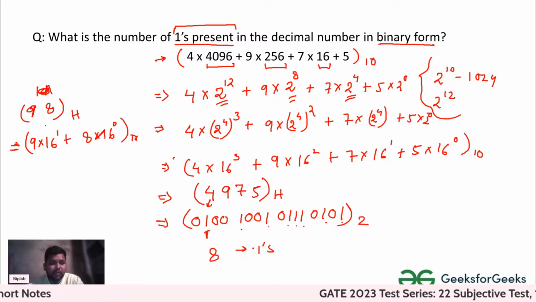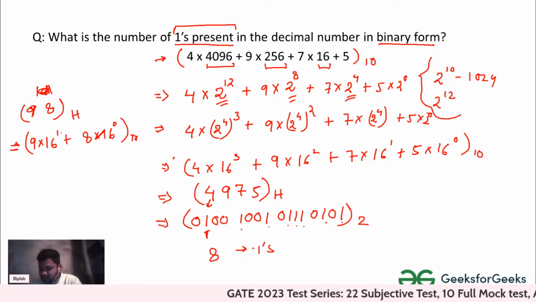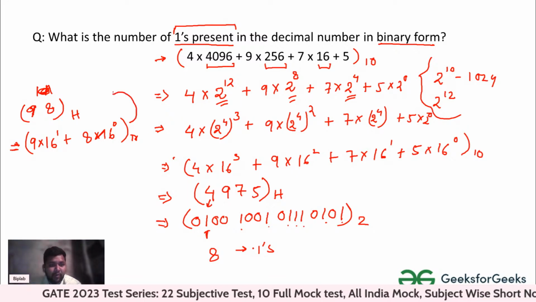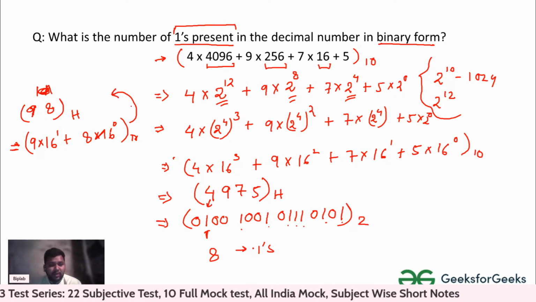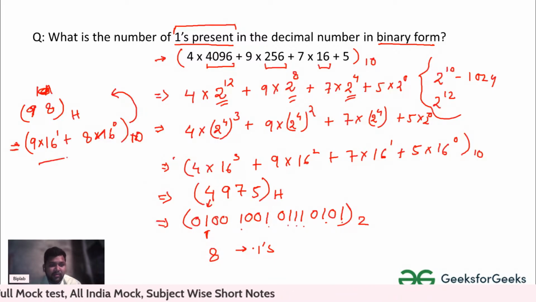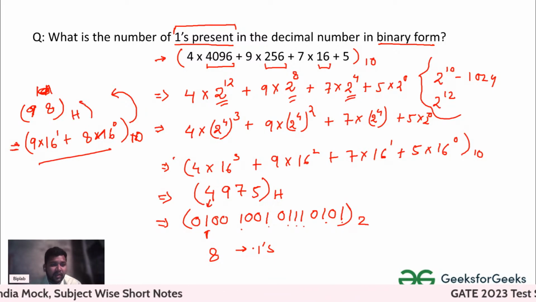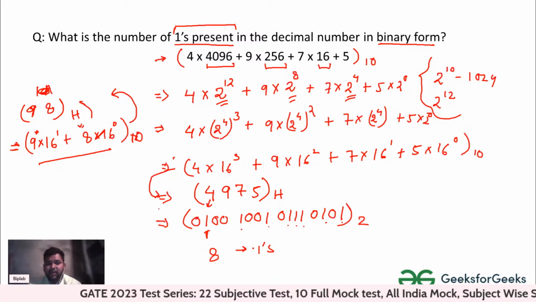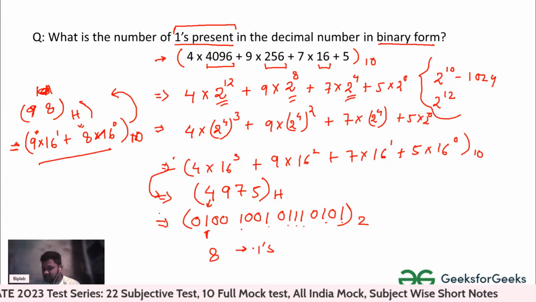So these two numbers are equivalent. In the same way, if you take the backward process, if some decimal number is written like this, you can say it in hexadecimal form as 9 8 base h. So that is the process I have applied here. Is it clear now?